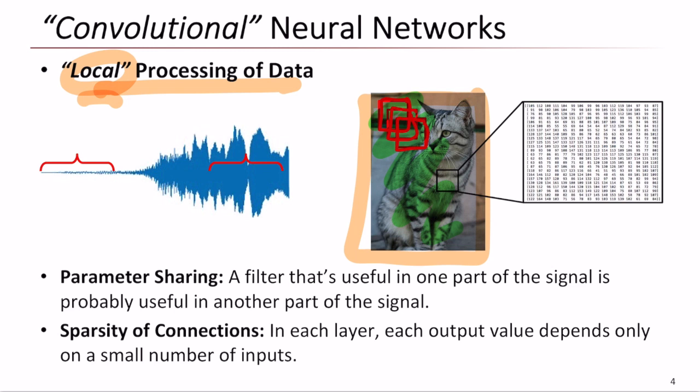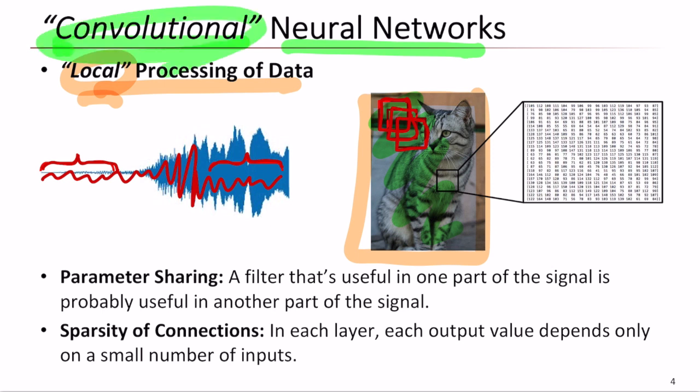Or let's suppose that you have a 1D signal like an audio signal. If we can handle this audio signal as local chunks of the data like this, we can dramatically reduce the number of parameters. That is the starting point of the local processing of data, the convolutional neural network.